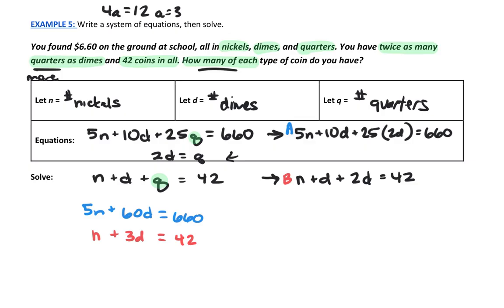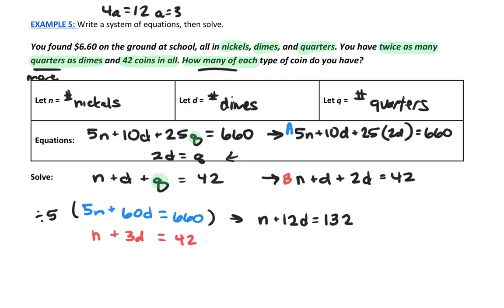Now here's a little trick. I don't want to work with big numbers. So I am going to actually take this equation and instead of multiplying, I'm going to divide everything by 5. Why would I do that? Well, 5n divided by 5 is n. 60 divided by 5 is 12d. 660 divided by 5 is 132.